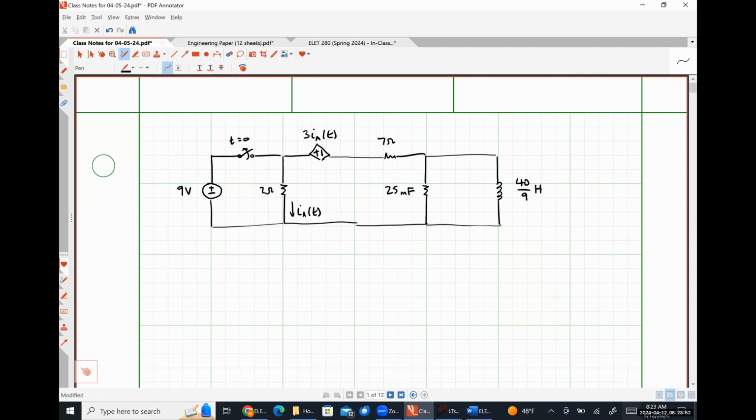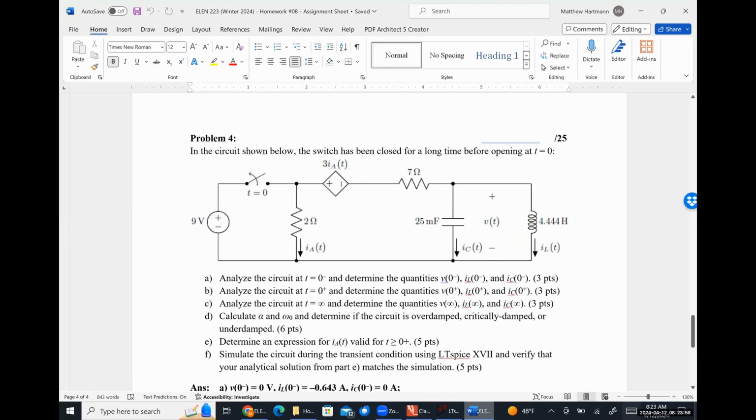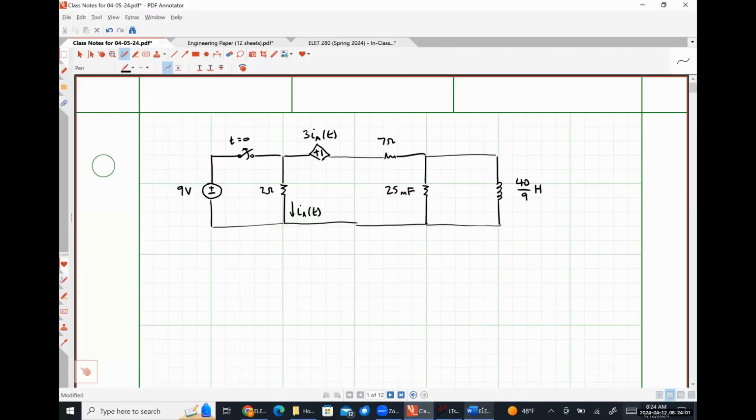It'll all work out in the wash since it's just a tiny amount of rounding error. Let's see here. So here is, oh, and I don't know why I drew that capacitor as if it were a resistor. IC, IL, and V.